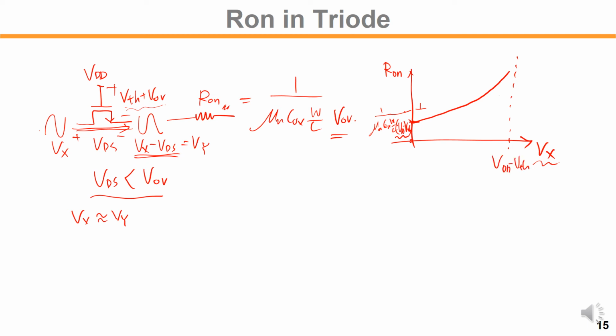Once the voltage on Vx is greater than this level, the device will turn off, so it will have a very sharp rise in the on resistance. So this is for the NMOS. What about the PMOS device?